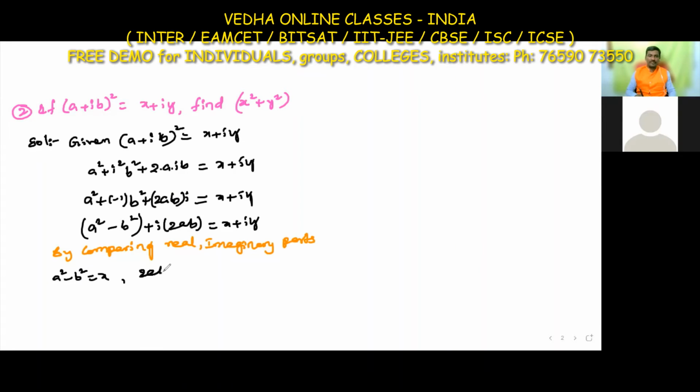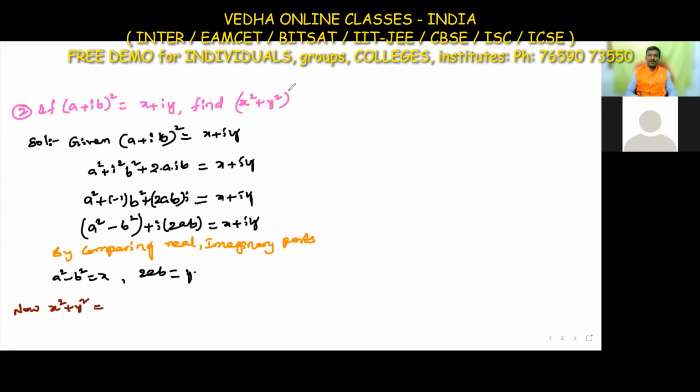What is he asking? He is asking to find the value of x square plus y square. So here we have to find the value of x square plus y square.